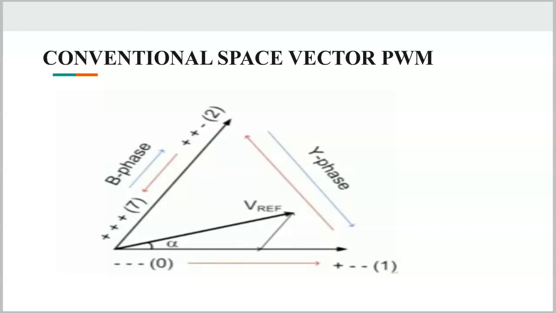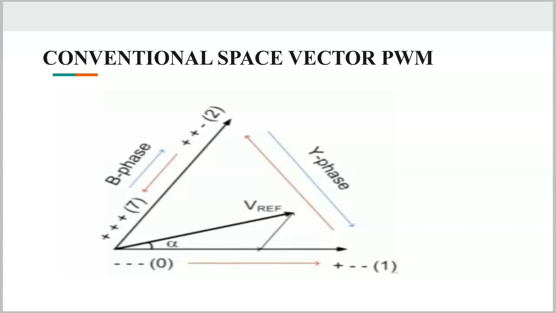If we switch the X phase after tz by 2 seconds, we reach plus minus minus, which is active vector 1. We stay here for t1 seconds and then switch the Y phase and we reach plus plus minus, which is called active vector 2 state.